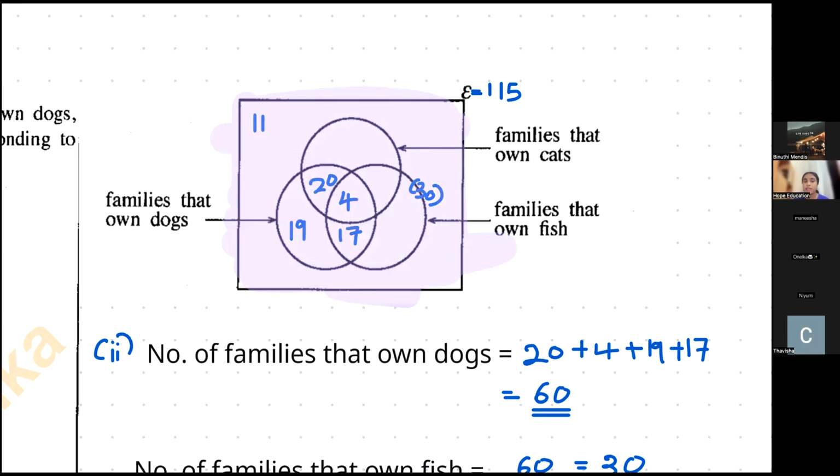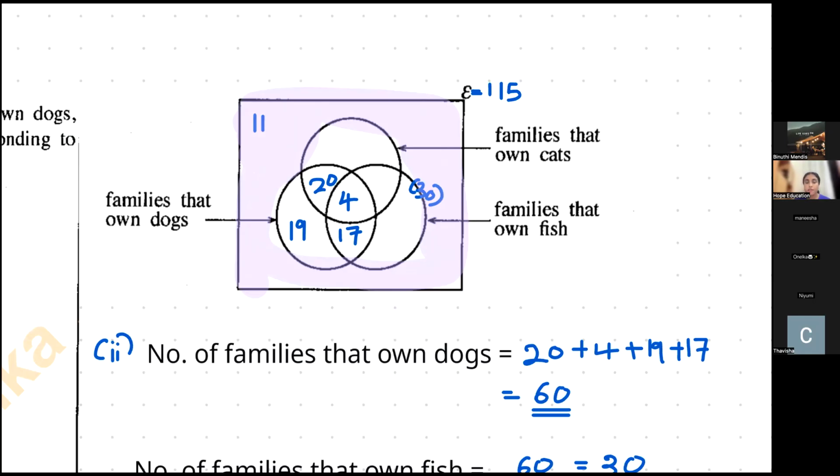115 වලින් අපිට එළිය ටික subtract කරන්න පුළුවන් because we know එළිය ටික 11. So we can subtract the outer part. That 11 we can subtract. So A11 subtract කරාම අපිට circles තුනේ ටික එනවා. Okay?